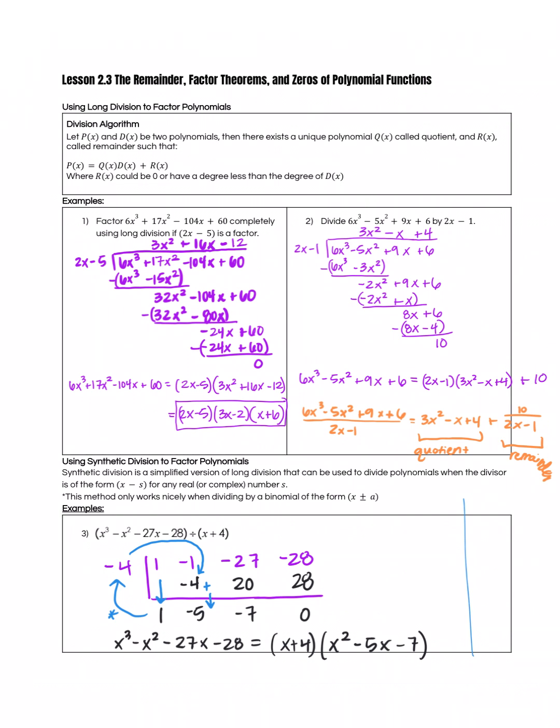The second example, just again practicing the division algorithm, long division algorithm, we can see this time our quotient up top, but this time our remainder is 10. So our original polynomial can be written as a product of the quotient and what we would call the divisor, or what we're dividing by, and then we can see our remainder of 10.